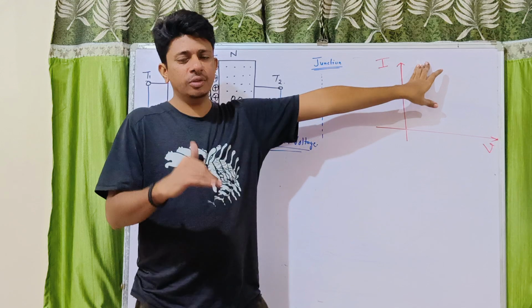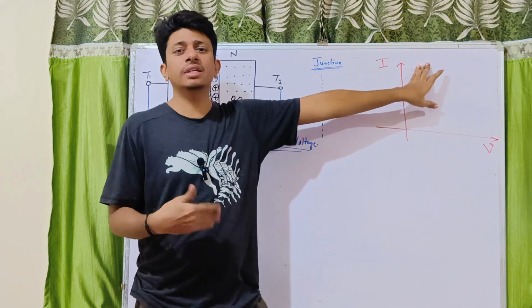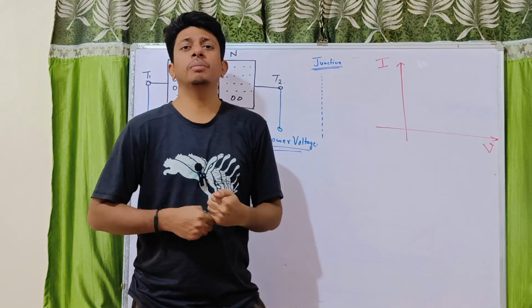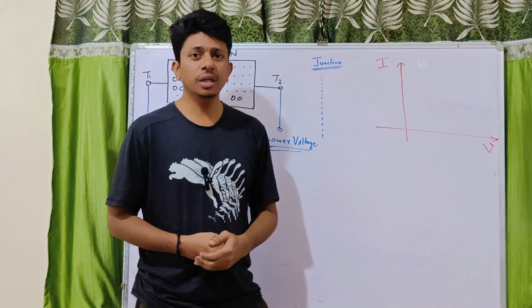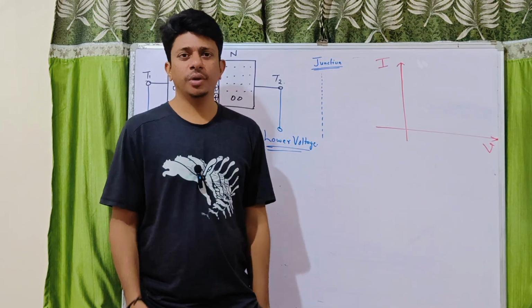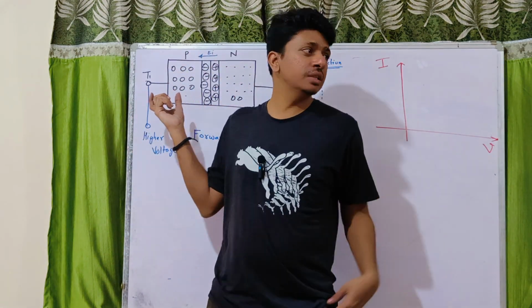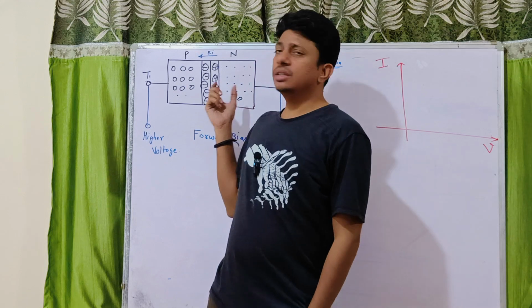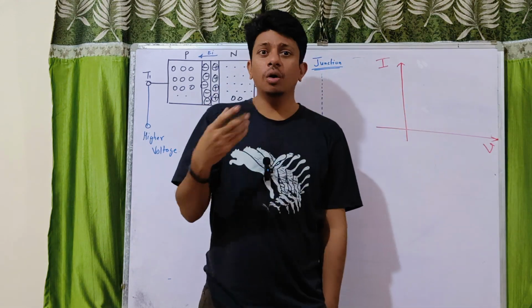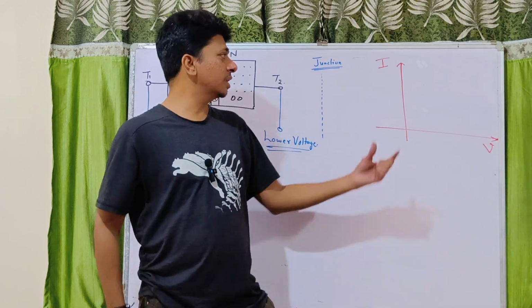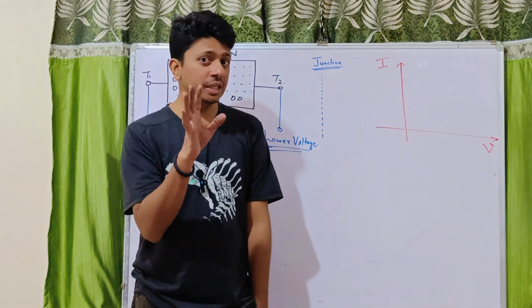Most of my students don't know how this I comes about, or which factors the magnitude of I depends upon. There are so many electrons. Whether these electrons moving in this region contribute to this current, or those in this region, or the charge carriers moving at the junction, we will be seeing those things.